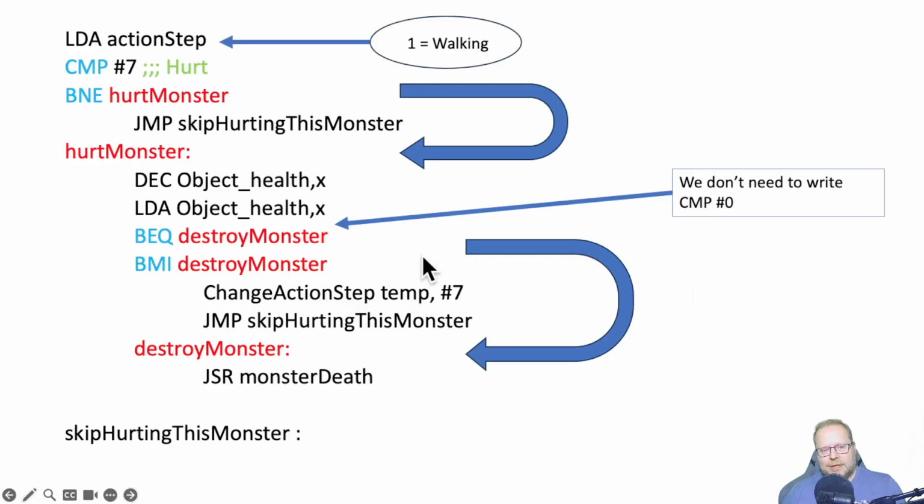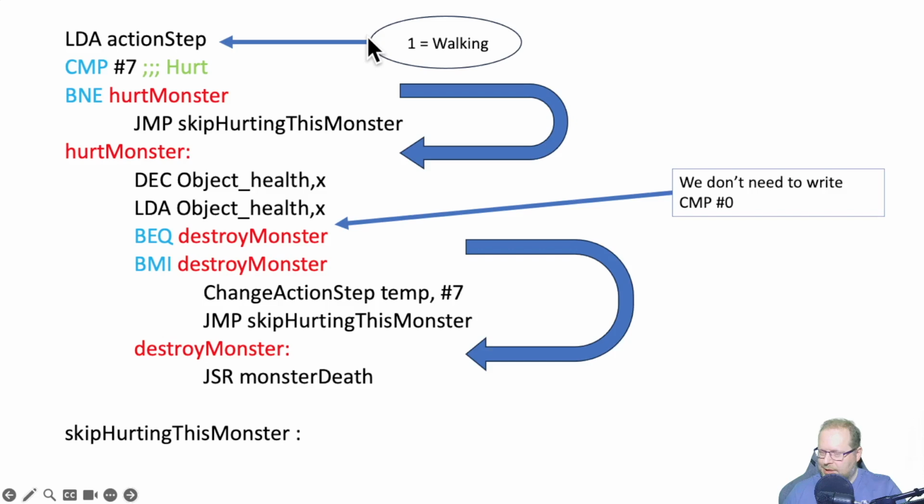Now again, we have a lot of code here, and by the way, to make this easier to understand, I changed the top line here. There's not a variable in NESmaker called action step. I just made that up for this example. The reason is, by default, it says get action step here. That's a macro.